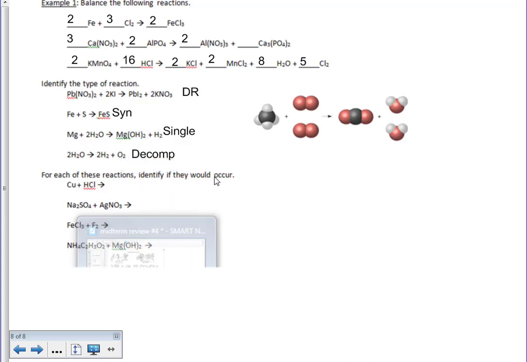For each of the reactions, identify if they would occur or not. So if you're looking at this, we have to look to see if Cu is more active than that of H. And by looking at table J, you can actually see that no, Cu is not more active. Looking at the next one, I have 2 different compounds producing 2 new compounds, so we're looking at a double replacement reaction.